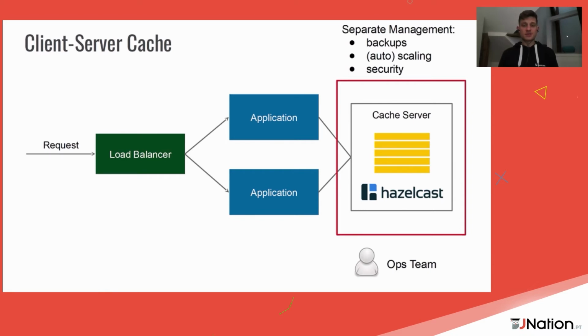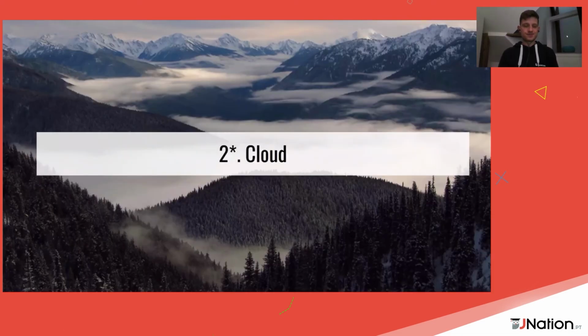And if it can be managed by a separate team, you can even move it one step further, not to a separate team, but into the cloud. The cloud is still kind of a client-server topology. However, it's so specific, because your server part is not managed inside your organization, that we can even consider this a separate caching pattern.